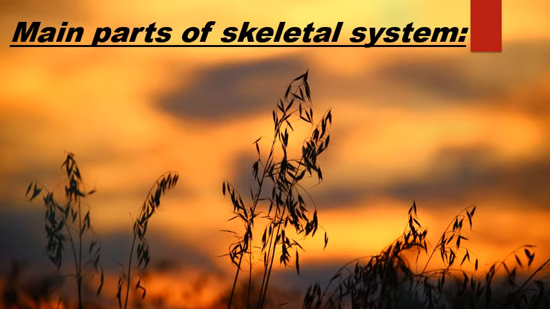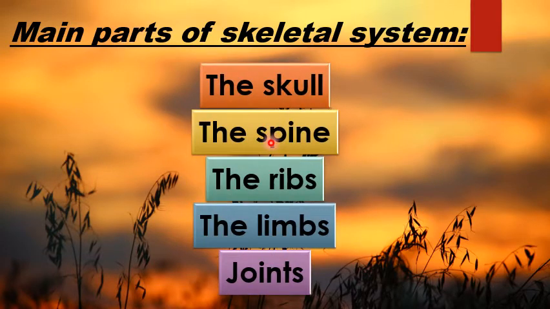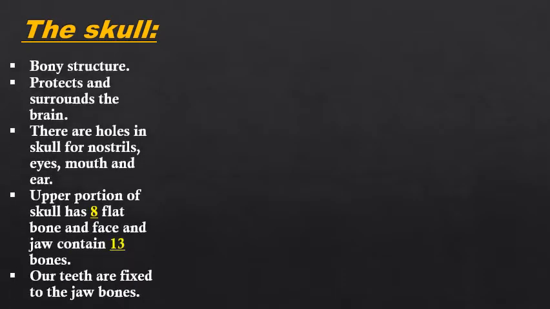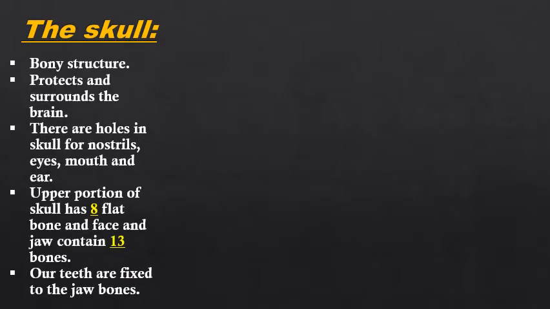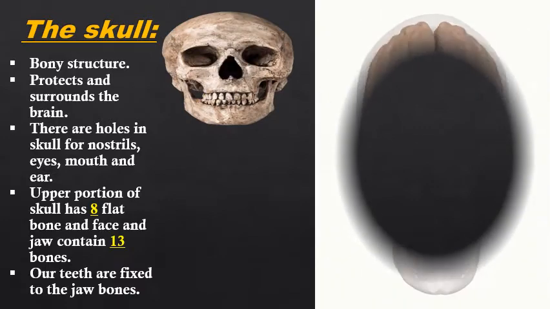Main parts of a skeleton are the skull, the spine, the ribs, the limbs, and the joints. From the main parts of a skeleton, the first part is the skull. The skull is a bony structure that protects our brain.